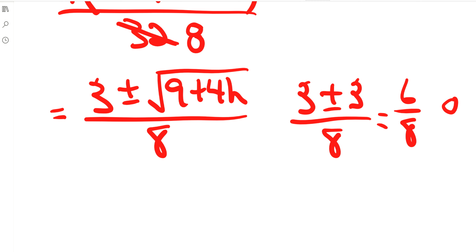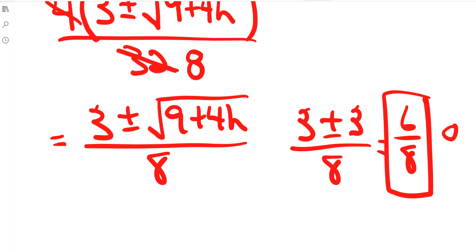As you can see, one of those answers doesn't make sense, that it takes 0 seconds for it to hit the ground, but the other, the 3/4, it does. We answered for when h hits the ground, so this is our answer. 6 over 8 simplifies to 3 over 4.